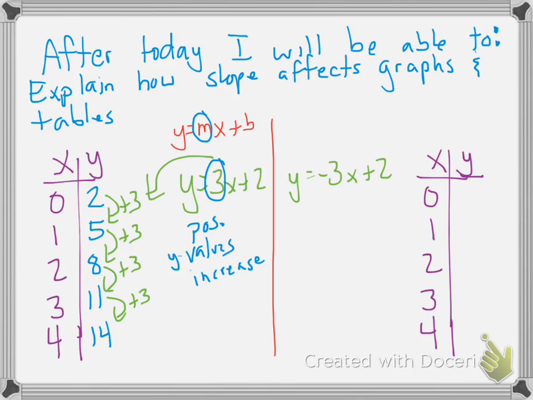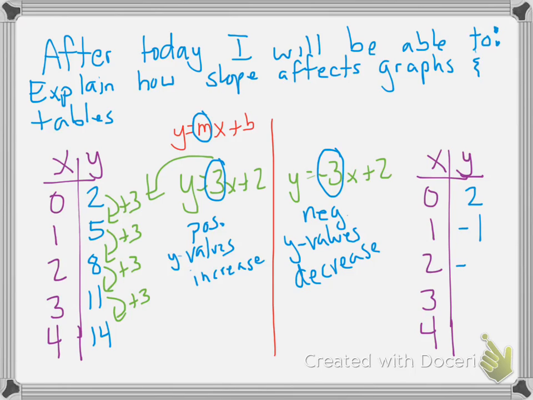Now, conversely, when we look at the exact same equation but instead with a negative slope, what that means is the y values are going to decrease. Now when I go to do my table, I start with the 2 again, but now it's going to be negative 1, negative 4, negative 7, negative 10.